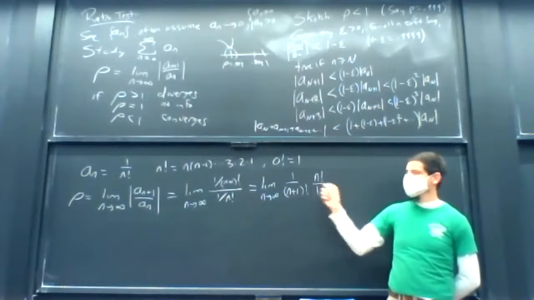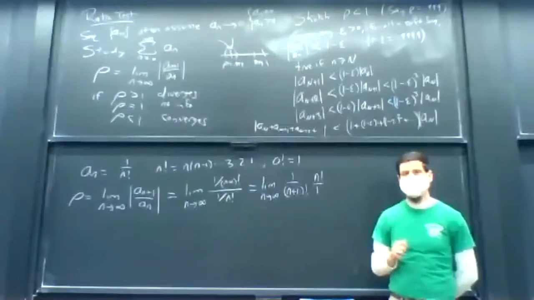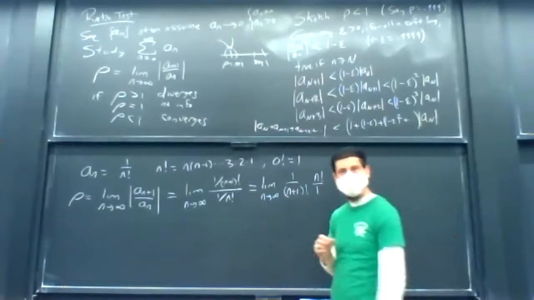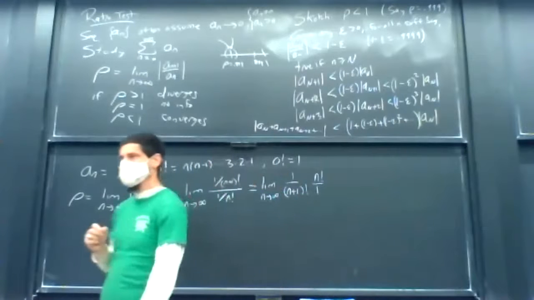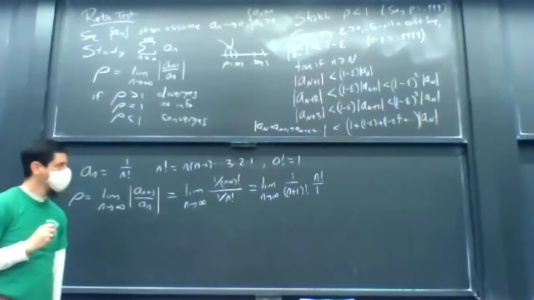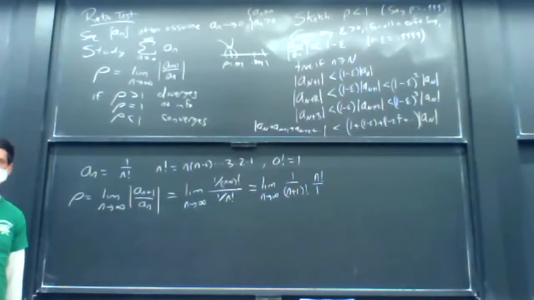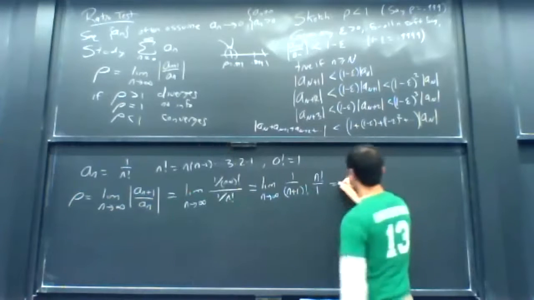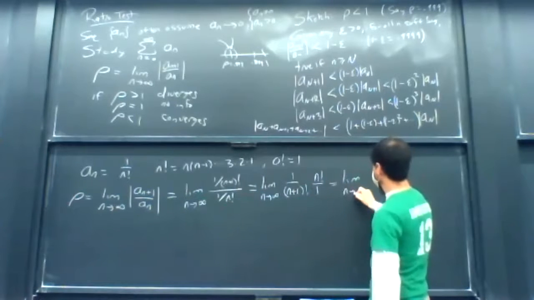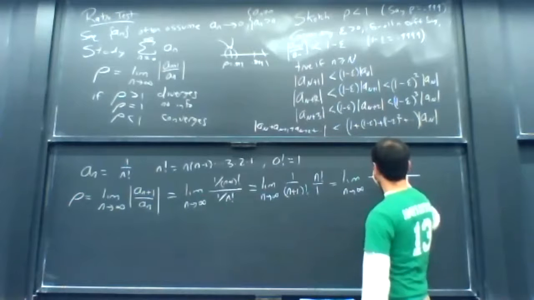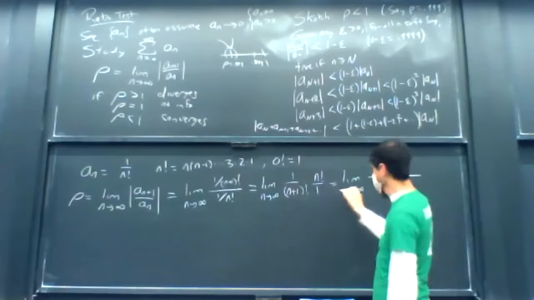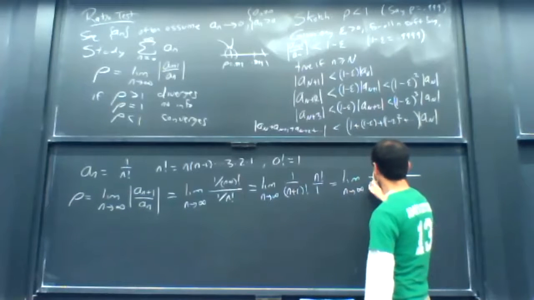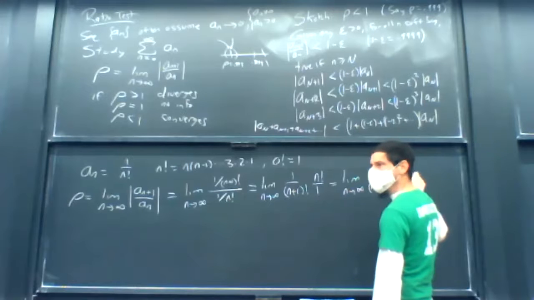What's n factorial divided by (n plus 1) factorial? It's 1 over n plus 1. This is the same as the limit as n goes to infinity of n factorial upstairs, and (n plus 1) factorial is (n plus 1) times n times (n minus 1) and so on.